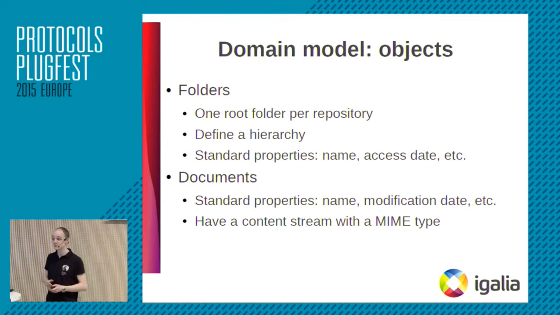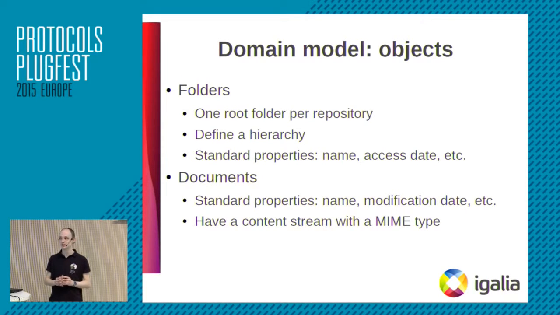The two basic types are folders and documents. Folders: there's always one special folder in a repository, which is the root folder, and it has no parent. There's an operation in the repository to get its root folder, and you can start navigating through it. Folders define a hierarchy.